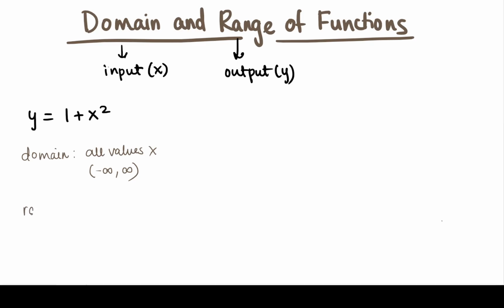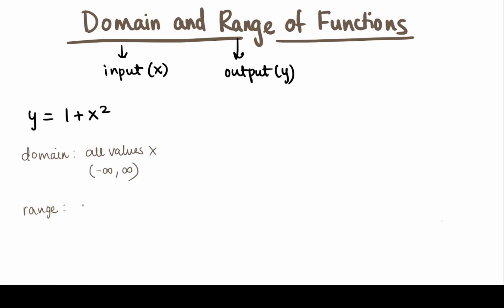And the range of this function would be the set of all possible y values. Now we know that the square of any number could be 0 or positive, or any positive number. So the output value has to be 1 or greater than that.